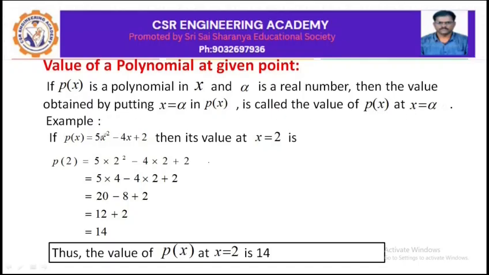Example: if p(x) = 5x² − 4x + 2, then its value at x = 2 is p(2) = 5 × 2² − 4 × 2 + 2 = 5 × 4 − 8 + 2 = 20 − 8 + 2 = 12 + 2 = 14. Thus, the value of p(x) at x = 2 is 14.